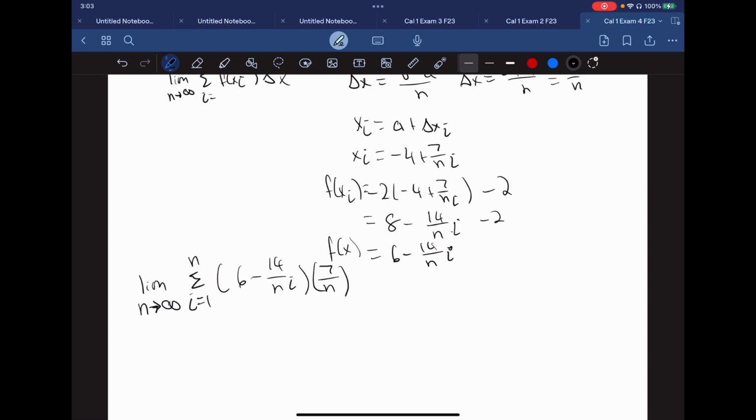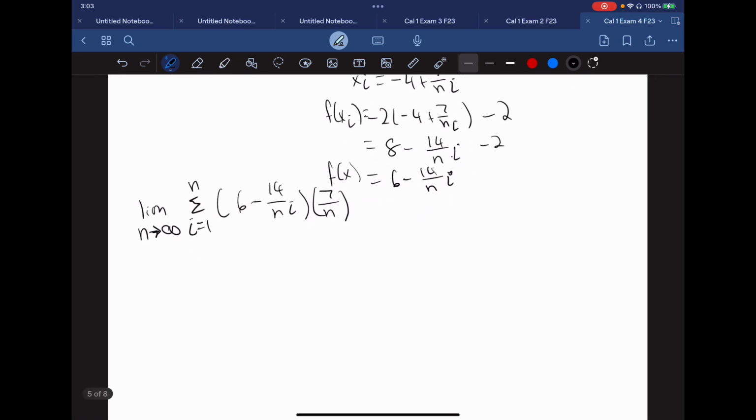All right. So from here, we can move this before the sigma notation because it's a constant. So let's do that. Get it out of the way. And 6 minus 14 i over n.